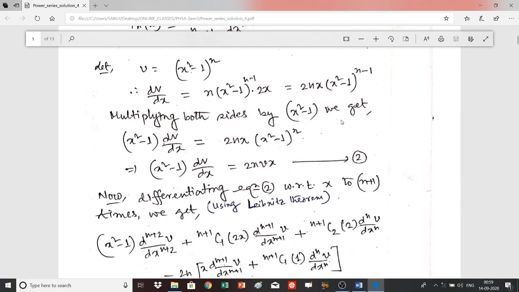Now differentiating equation 2 with respect to x, n plus 1 times, using Leibniz theorem.